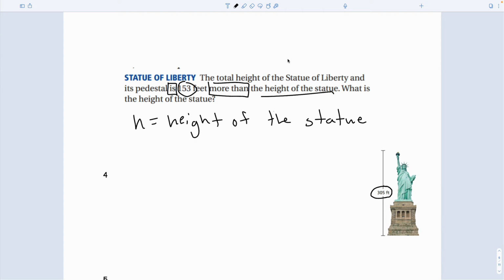The height in the pedestal is 305. So they threw the number next to the statue. They did not put the number in the problem. So don't be fooled by that. The height of the statue and the pedestal would be 305. So 305, the whole entire statue thing, is 305. They want to know what's just the height of this little statue.